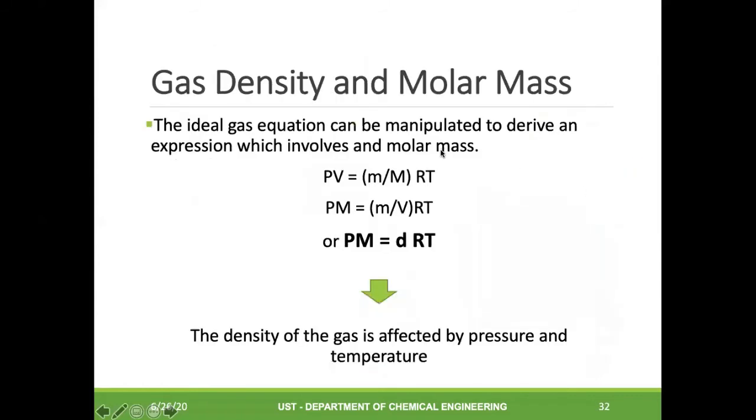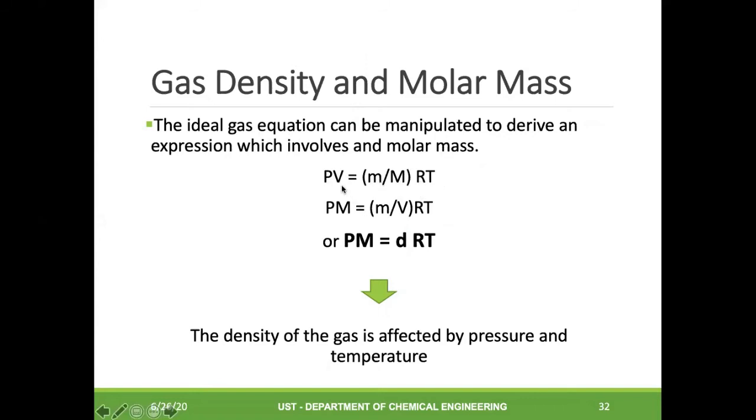Now, the ideal gas equation could also be used to solve for the unknown molar mass of the gas. This can be manipulated to derive an expression which involves molar mass. You know that PV is equal to nRT. So n is equal to mass over molar mass, multiplied by RT.